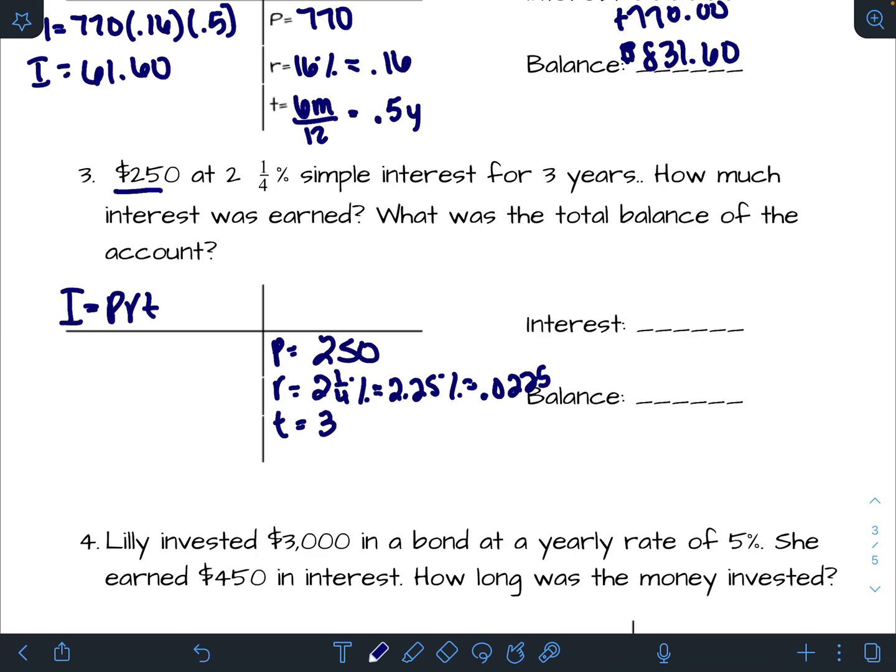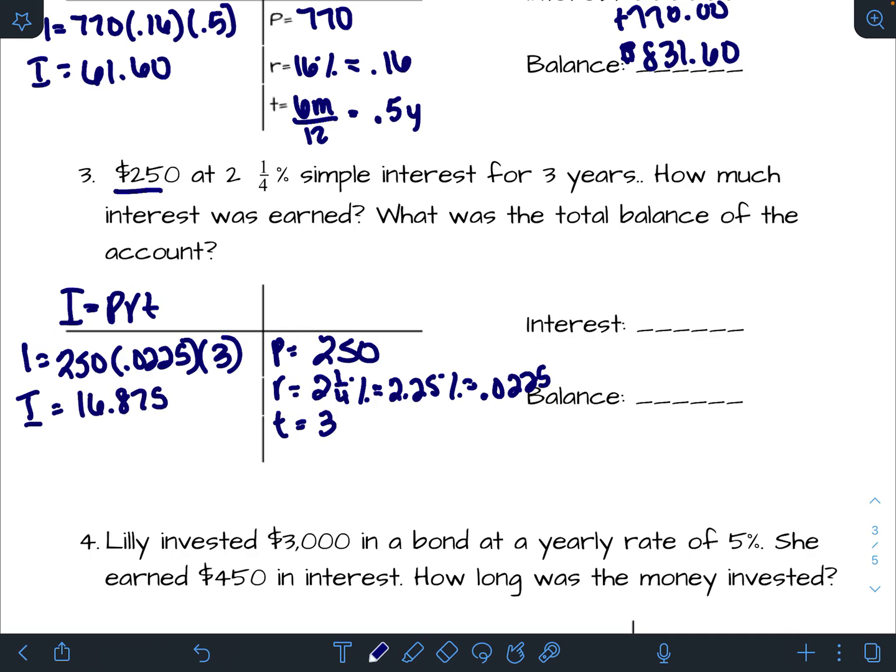My time is 3 years. So I'm going to have I is equal to 250 times 0.0225 times 3.